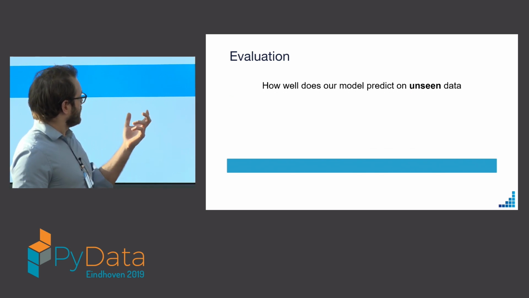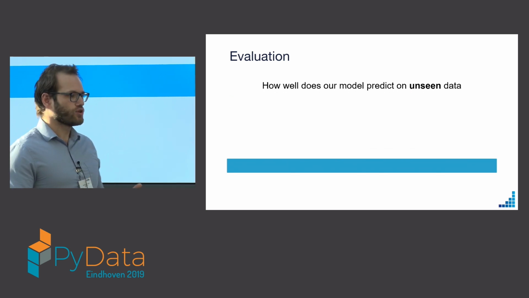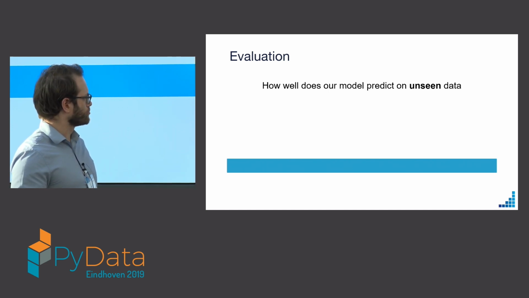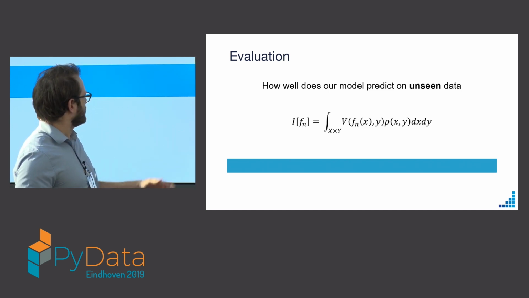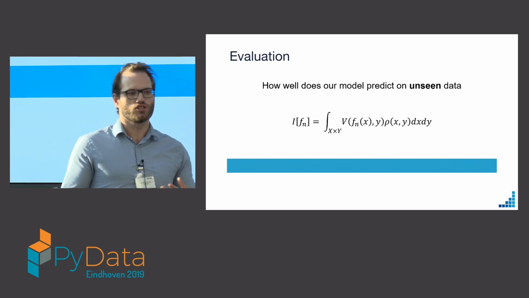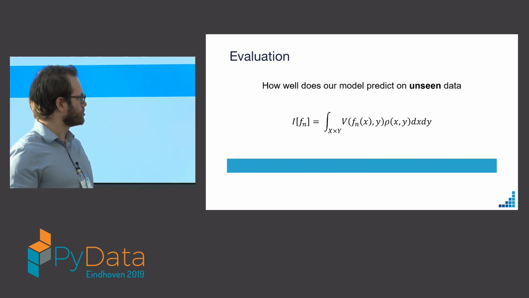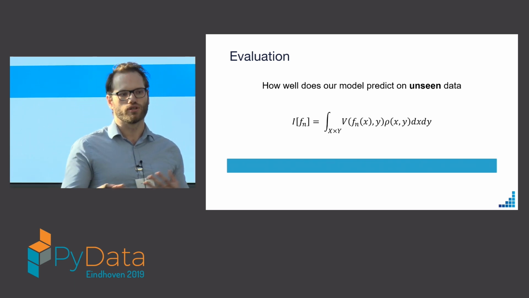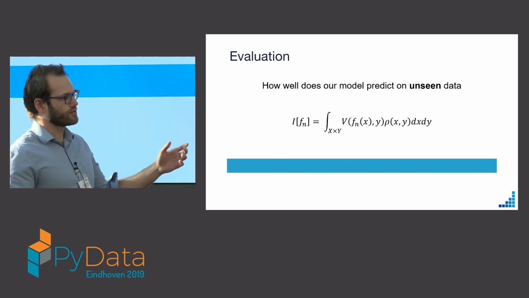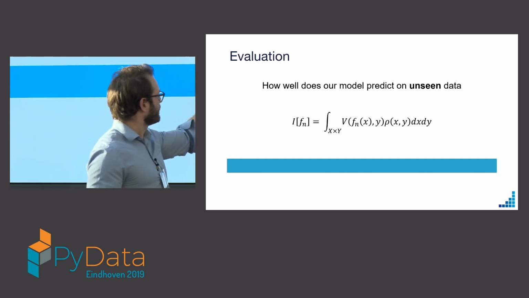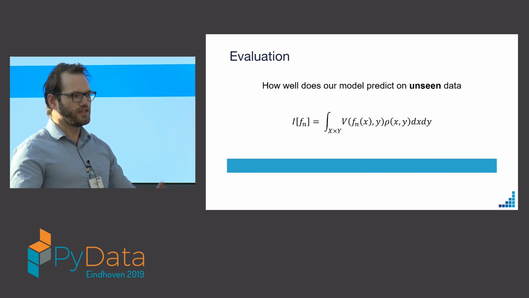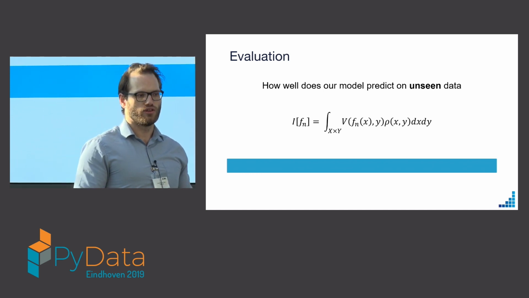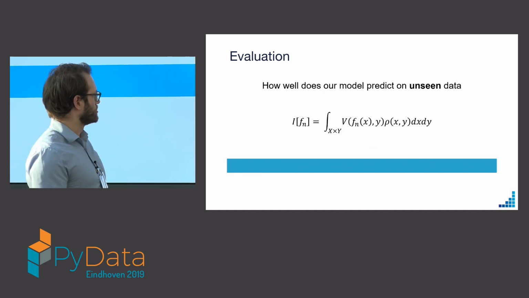So if we use this definition, we can look at a formula which is called the generalization error. And it basically comes down to, okay, we have this joint probability distribution of your feature space and your target space, so your input and output. And we're interested in, okay, we have this model Fn. We put in our features, out comes output, and we want to measure how well that does over all possible combinations.